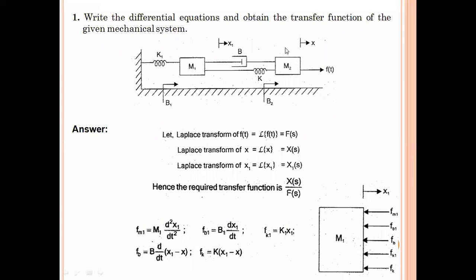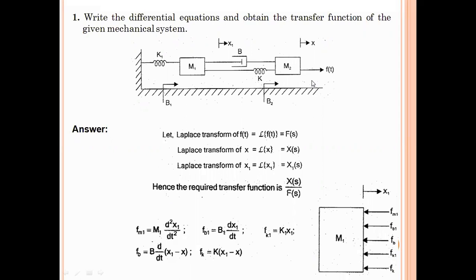Look at here. In this mechanical system, we have two masses. So the number of differential equations strictly depends upon mass elements. In our problem, we have two mass elements. That means we can get two differential equations. So if we have three, then we can have three differential equations.